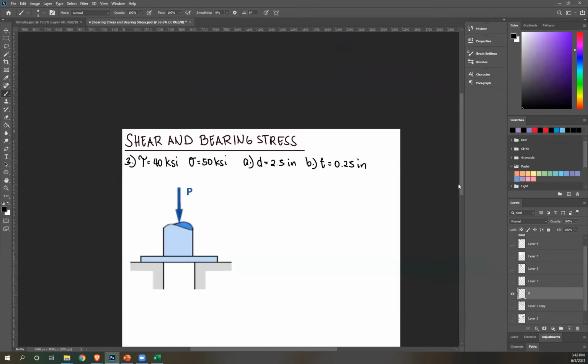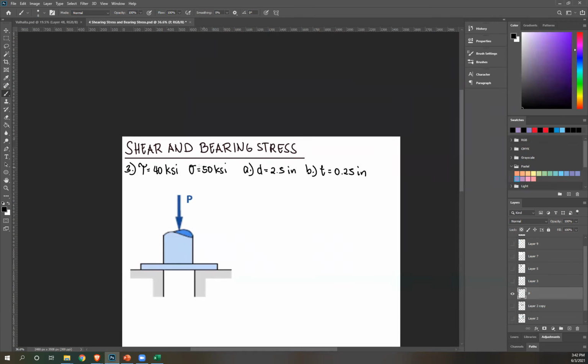So we have two limitations, one for compression, one for shear. What's happening here is this punch carries this force P, and this creates a hole on your plate.